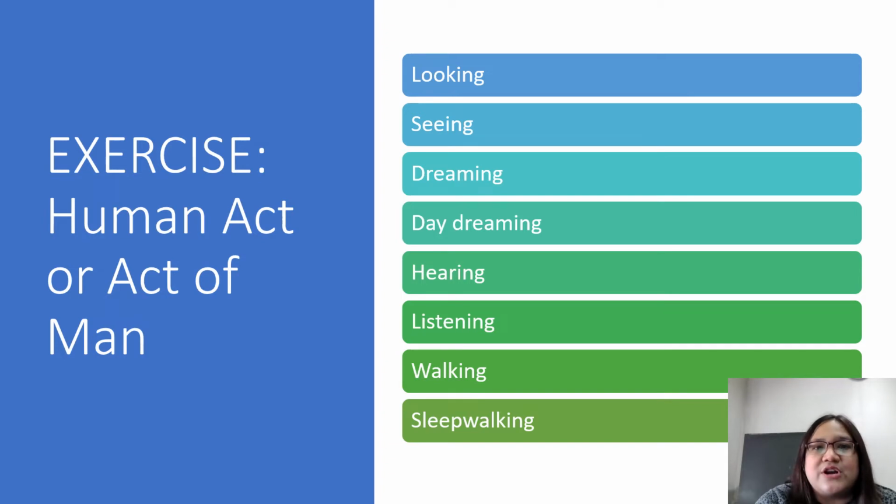Okay, so let's go. For number 1, looking. It is an act of man. Why? When you look at an object, you're just staring at it. You're not really processing whether or not you want to look at that object. It's just that you glanced at it. No thought. Involuntary. You're just looking at it. The second one is seeing.